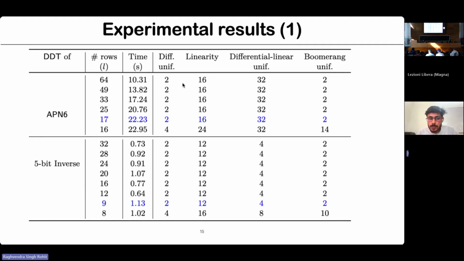If you decrease the number of rows, then the timing starts increasing. So it's getting more and more complex in the case of partial DDTs or partial tables.